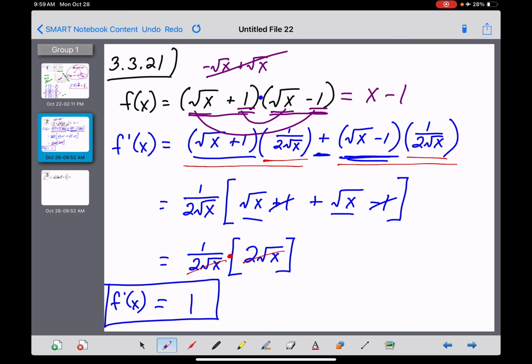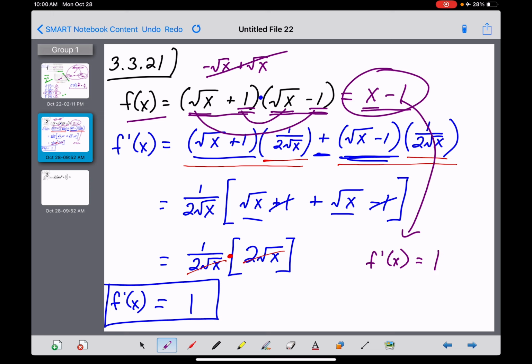And now this became a much easier problem, guys, because if f of x is just x minus 1, that's a linear function, then f prime of x could be found simply by doing the power rule right here, and the derivative of x is just going to be 1, the derivative of that minus 1 is going to be 0, and that is another way of getting the exact same answer to that problem here.